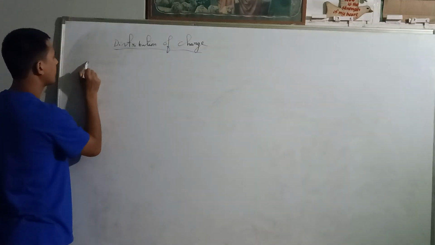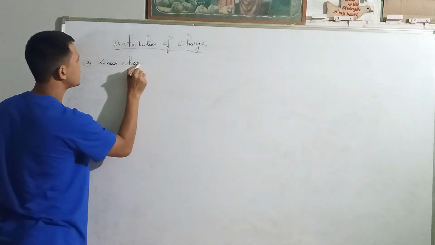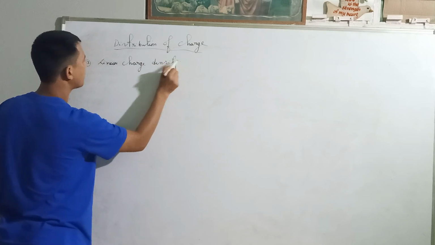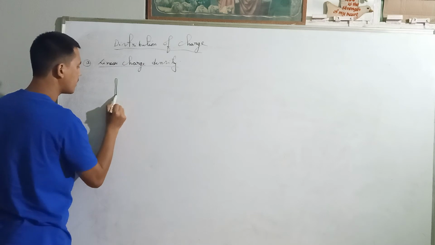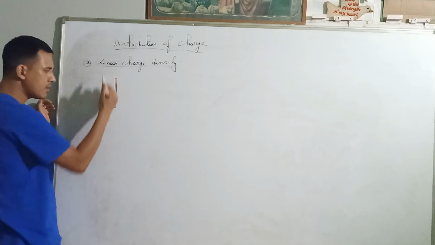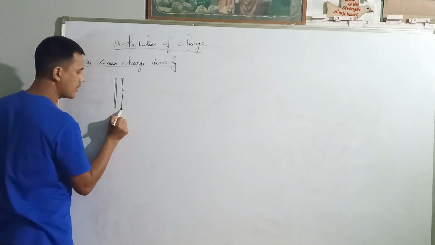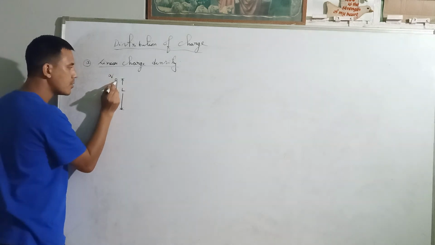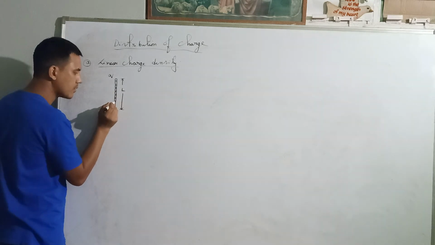So the first one is linear charge density. Consider a charged body in the form of a rod of length L having charge Q. Then this charge Q will be uniformly distributed over the entire length of this rod.